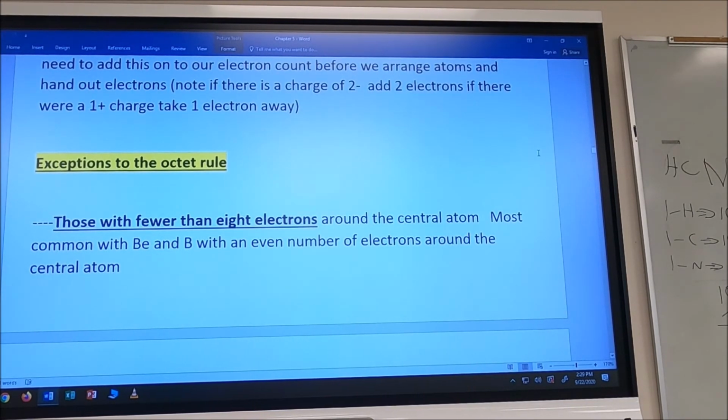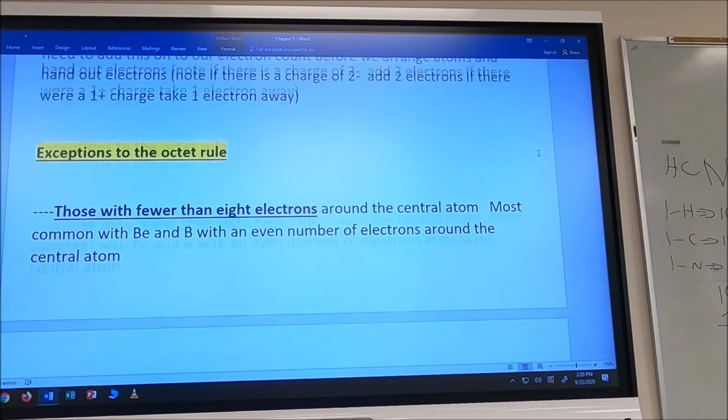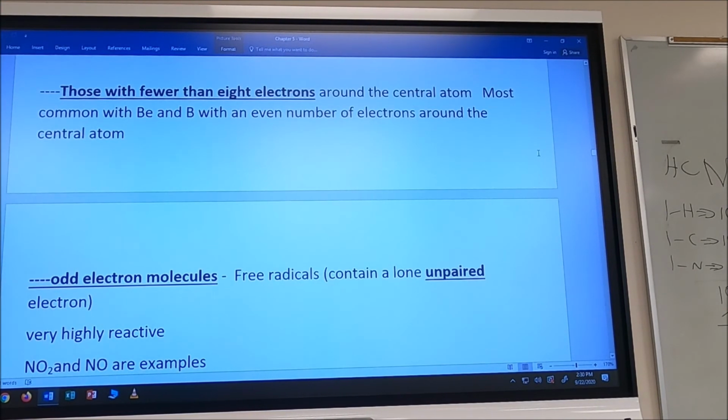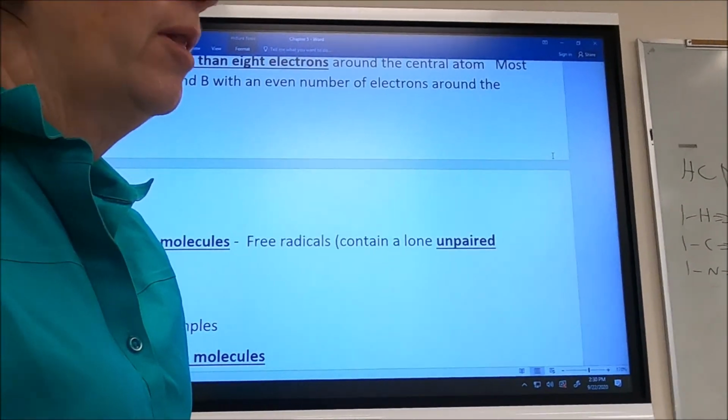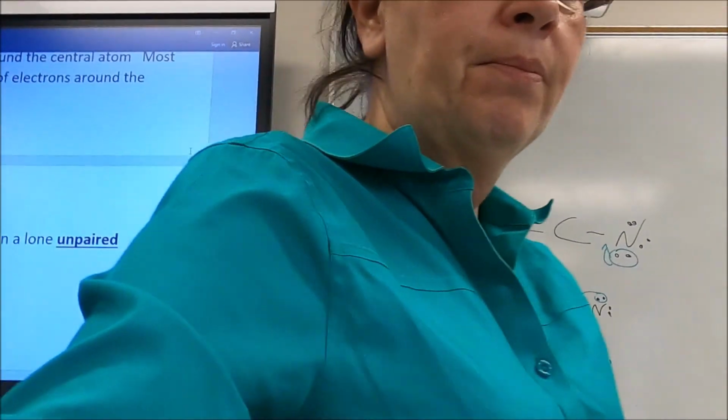The most common examples of electron deficient molecules, molecules that have fewer than 8 electrons around the central atom, is when you have beryllium and boron. Even though beryllium is a metal, it can sometimes be involved in covalent bonding.